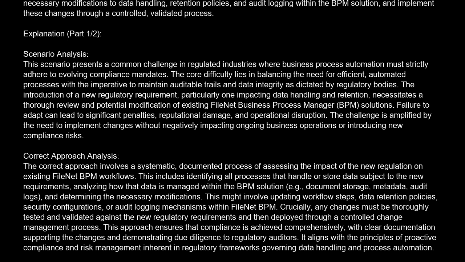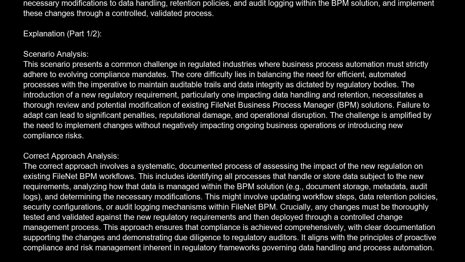The challenge is amplified by the need to implement changes without negatively impacting ongoing business operations or introducing new compliance risks. Correct approach analysis. The correct approach involves a systematic, documented process of assessing the impact of the new regulation on existing FileNet BPM workflows. This includes identifying all processes that handle or store data subject to the new requirements, analyzing how that data is managed within the BPM solution, e.g., document storage, metadata, audit logs, and determining the necessary modifications. This might involve updating workflow steps, data retention policies, security configurations, or audit logging mechanisms within FileNet BPM.